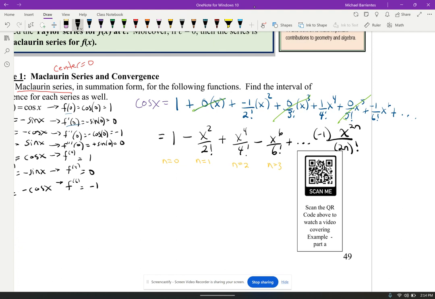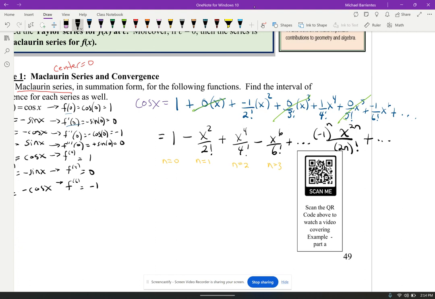The second one has to be negative. So if I were to put an n here, and I were to substitute 0, negative 1 to the 0 would be positive. But if I plug in 1 in here, negative 1 to the 1 would be negative. If I plug in 2, negative 1 squared would be positive. Okay, so I think this is the pattern that I need.